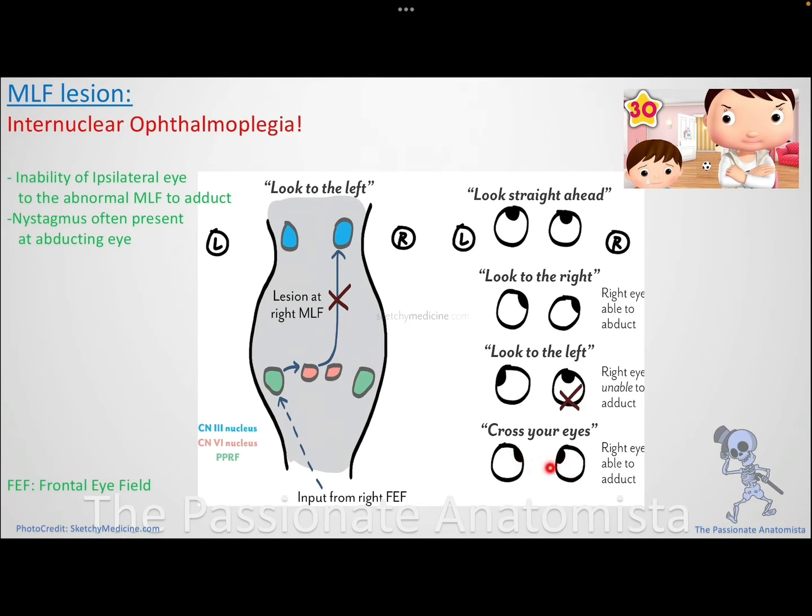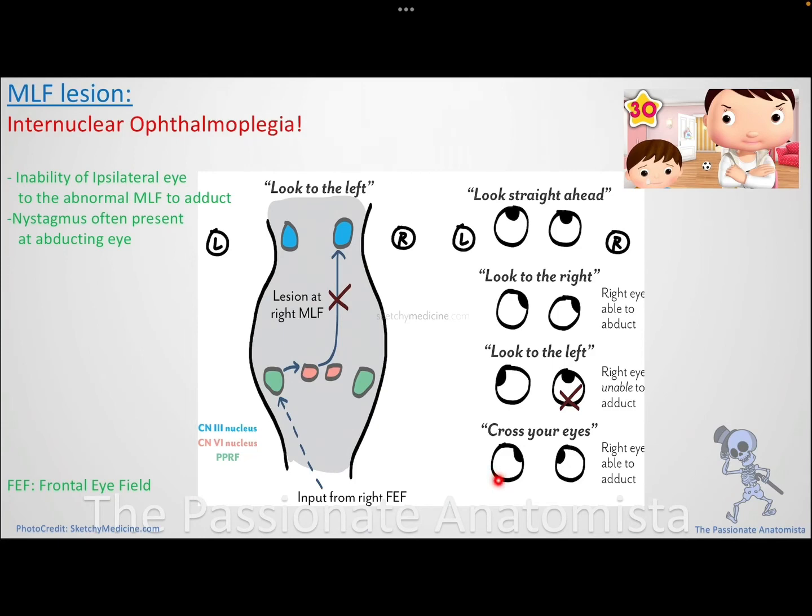It's okay. But it's not going to follow its sister. So the young brother, when the sister tells him to look to the left, is not going to do that because it has a lesion on the same side. However, if you tell the patient to cross his eyes, he's going to do it because this is her decision, not a decision of the left eye.